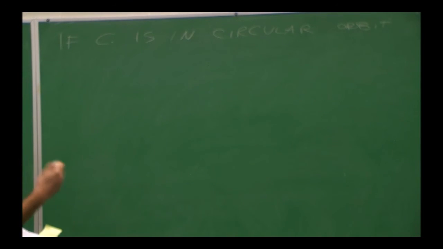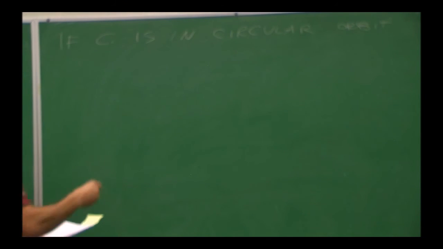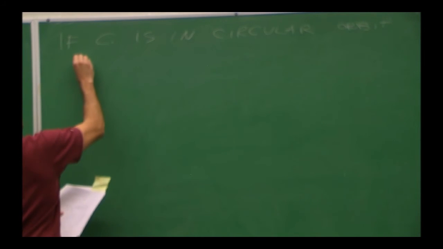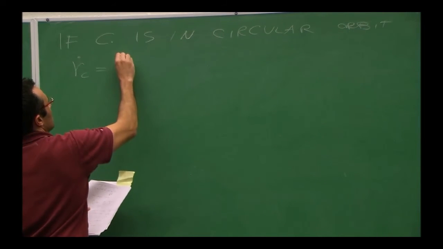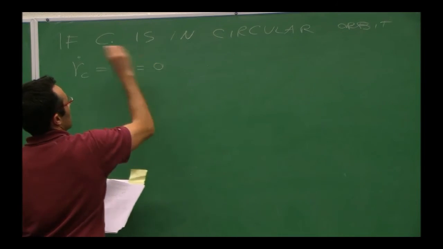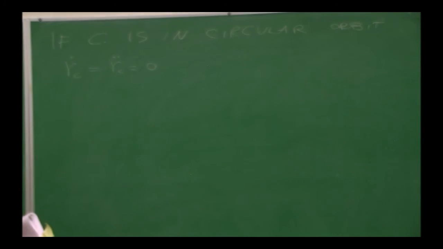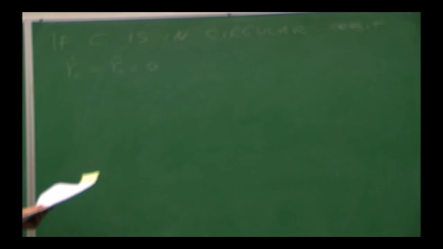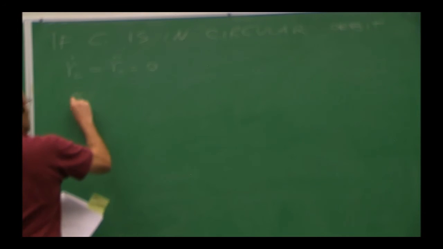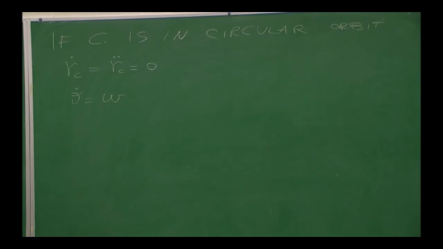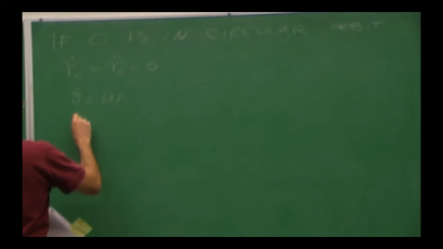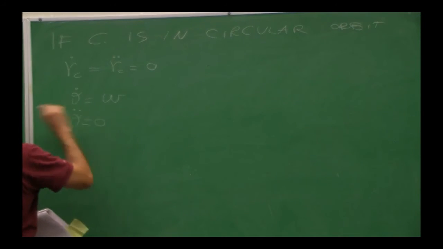What is zero? If my chief is in circular orbit, does the radius change? So this is zero, as well as this, right? Okay. If my chief is in circular orbit, what happens to the true anomaly? The angular velocity on a circular orbit is constant. So the theta dot, let's just call it omega, the same omega that I used at the beginning with those equations I gave you, and it's a constant. So the theta double dot is also zero.